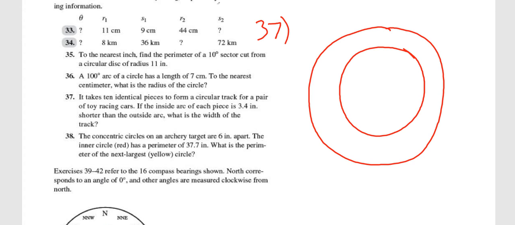what's the difference? So we've got circumference 1 and circumference 2. What's the difference between them? Ten pieces, and the difference of each piece, the difference of the inside edge to the outside edge is 3.4.